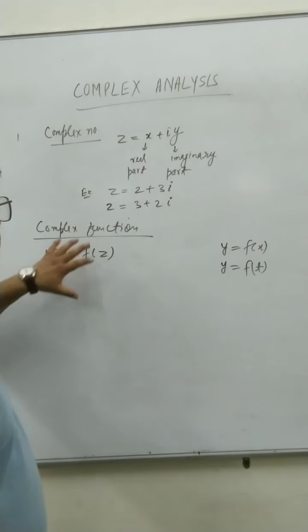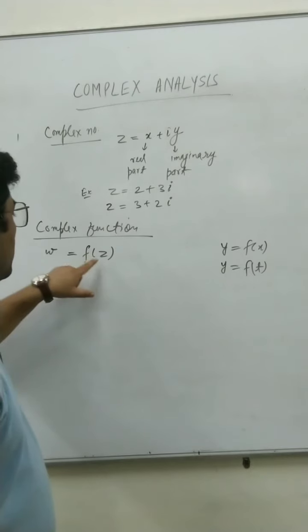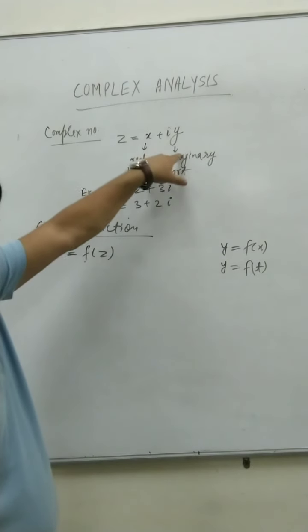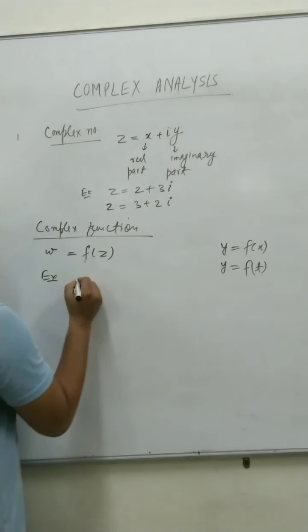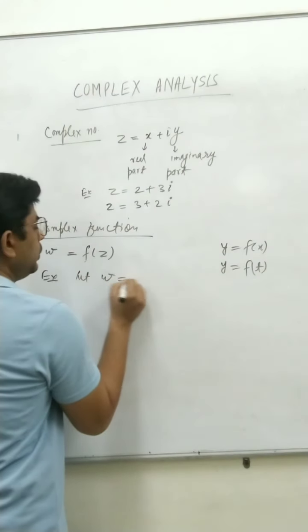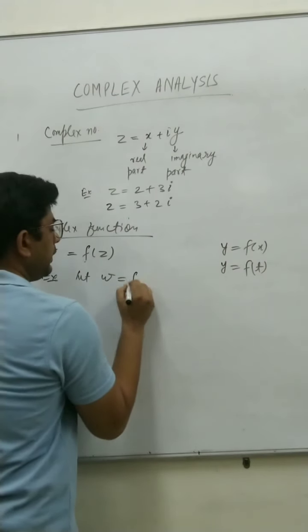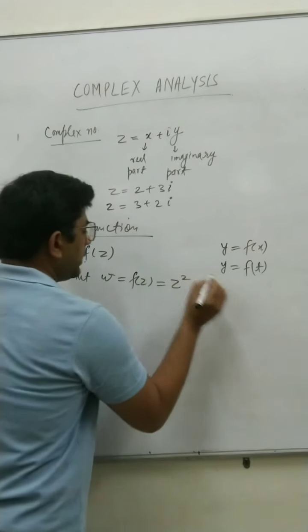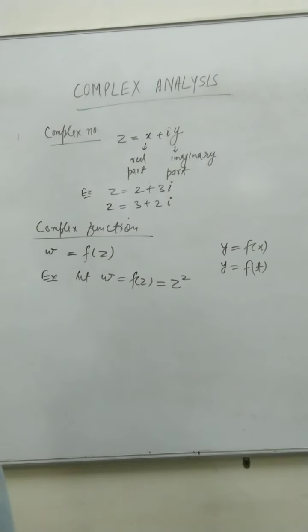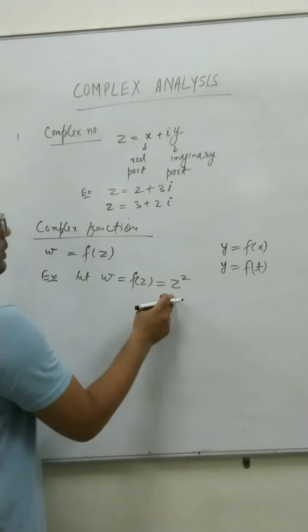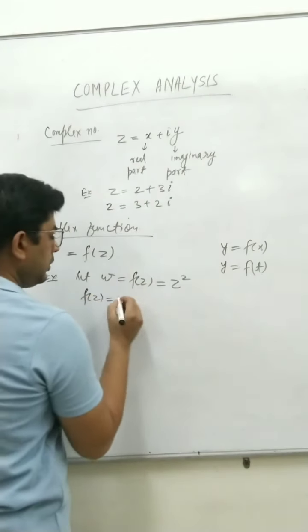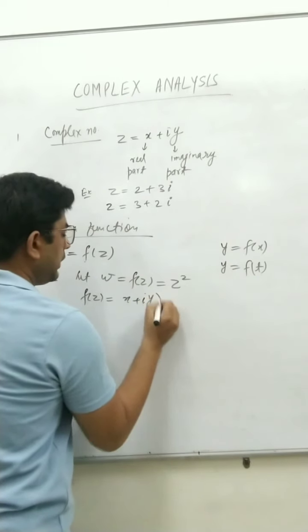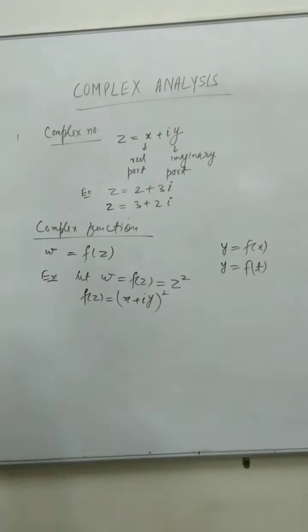Now how can we say that this is a complex function? Here z is x plus iy. I will take an example. Let w is equal to f(z), and we are taking this equal to z square. Now we put the value of z from here. So now we have f(z) equal to (x plus iy) whole square.